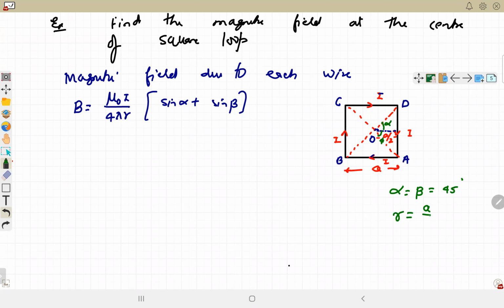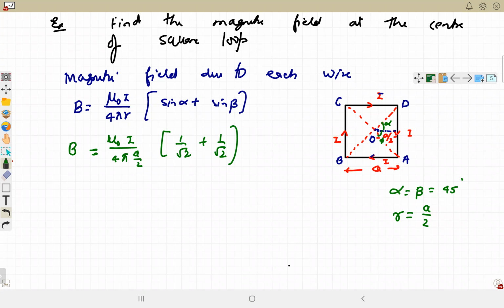Perpendicular distance r is equal to a by 2. So mu naught I by 4 pi times a by 2, times sin 45 plus sin 45.